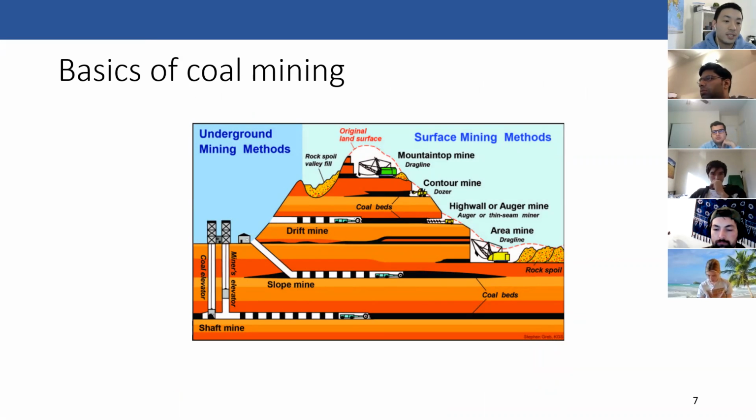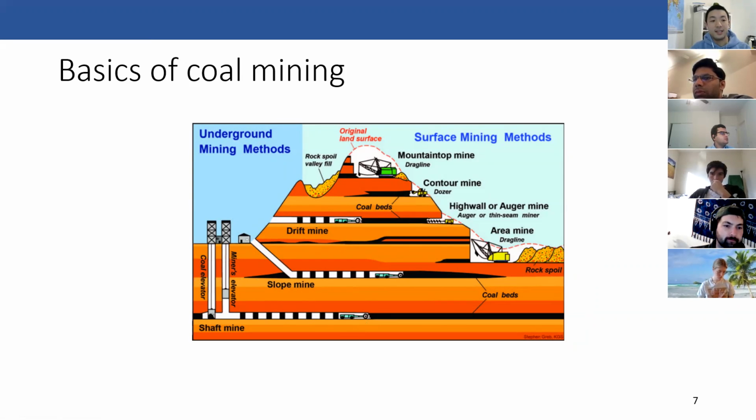It involves digging into different contours and land surfaces to get at mines that contain your coal beds, right? And so basically, these types of mines are applied to different geographies in order to extract the fuel from its resting location.